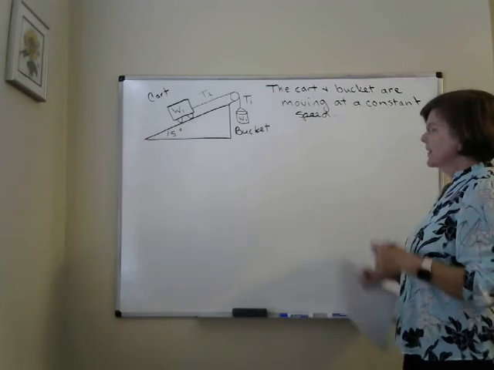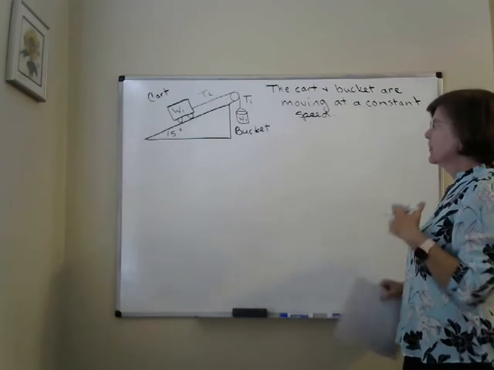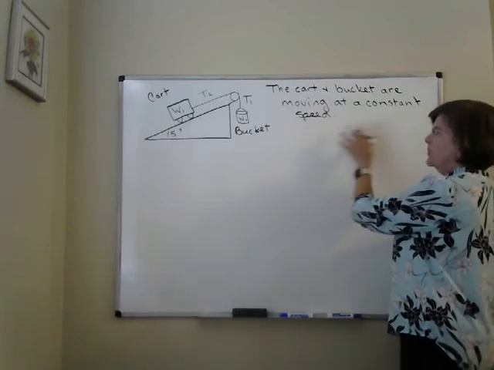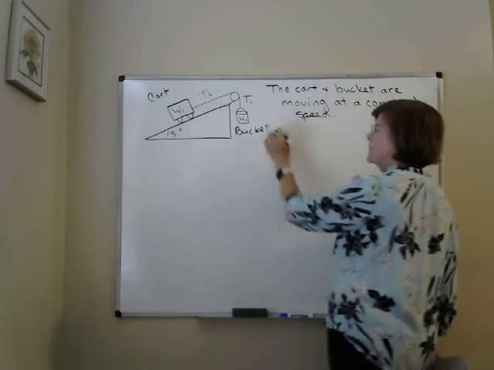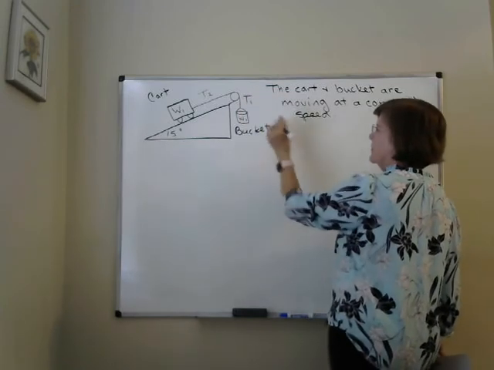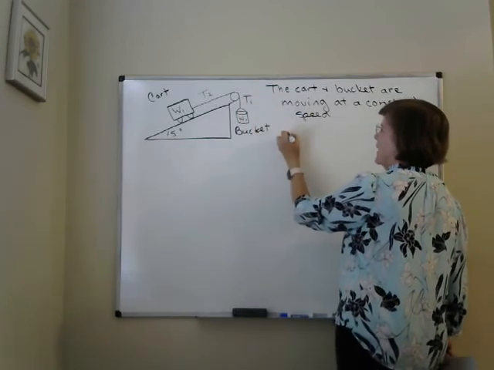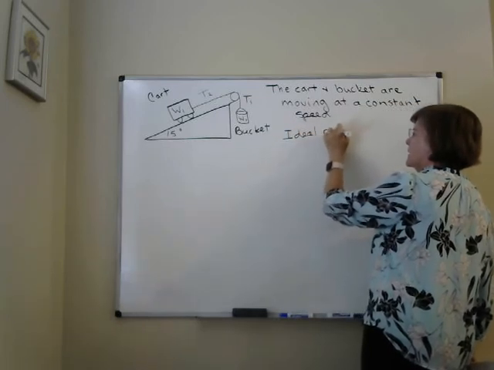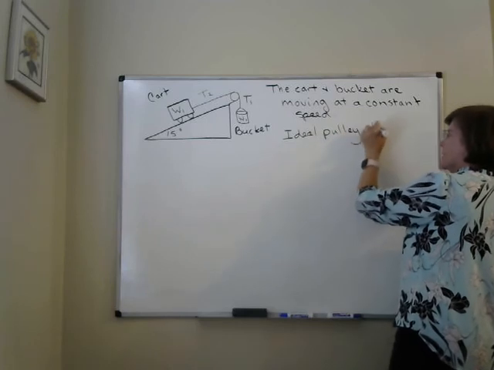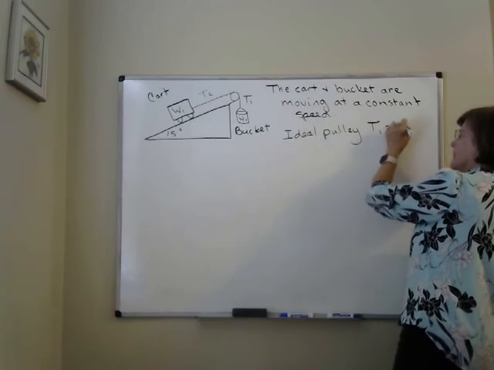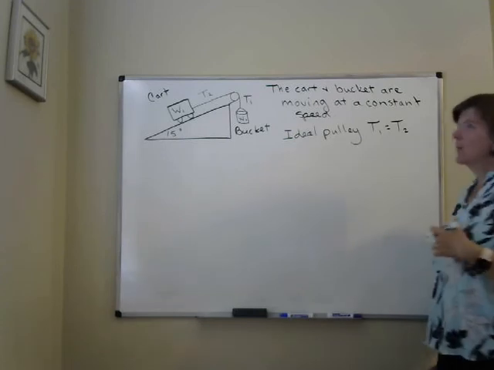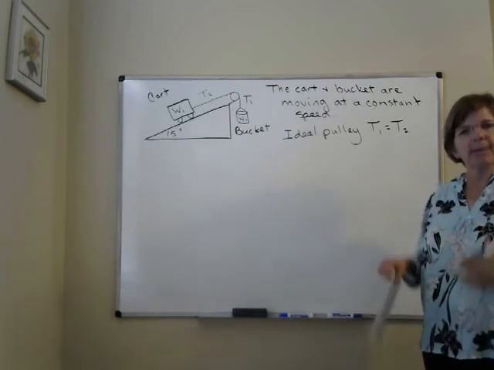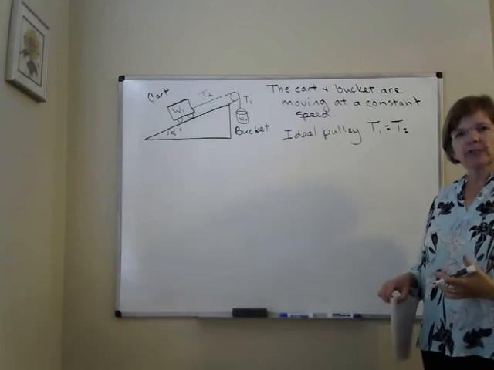Okay. The other thing that they tell us in the problem is that this is an ideal pulley. In an ideal pulley, there is no mass, there's no friction. So if you have an ideal pulley, the tension in that rope is the same everywhere. And I might add it's a massless rope. This is a massless pulley. It's a frictionless pulley.